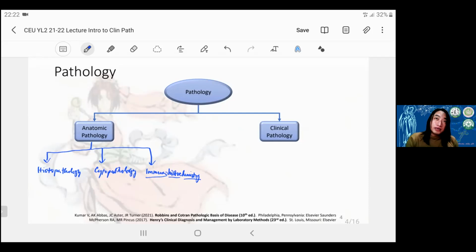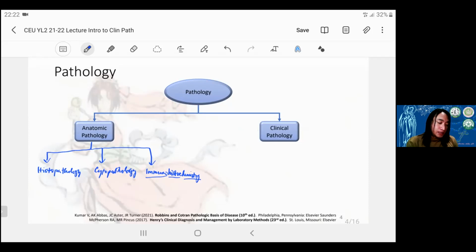But there is another branch of pathology, which is clinical pathology. In clinical pathology, I think you will encounter this more in your clinical subjects, such as internal medicine, pediatrics, surgery, obstetrics and gynecology, and the other clinical specialties. Because clinical pathology encompasses your laboratory tests.